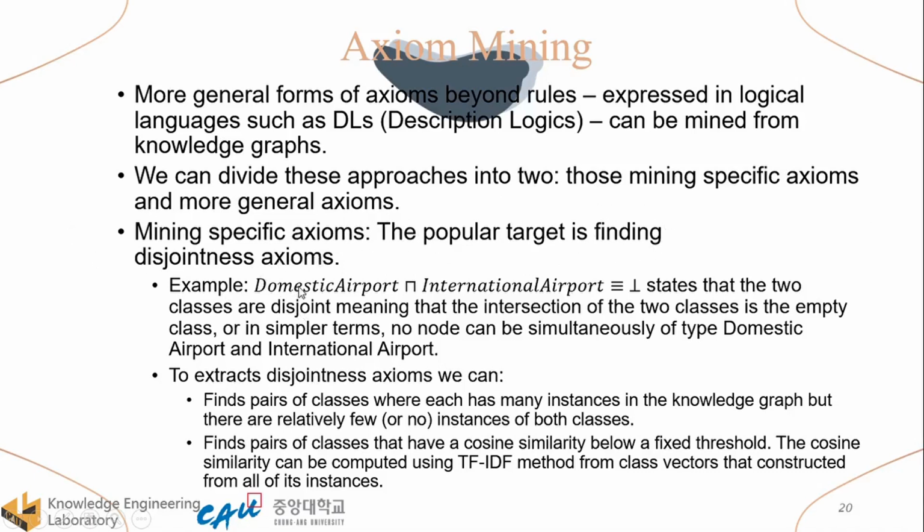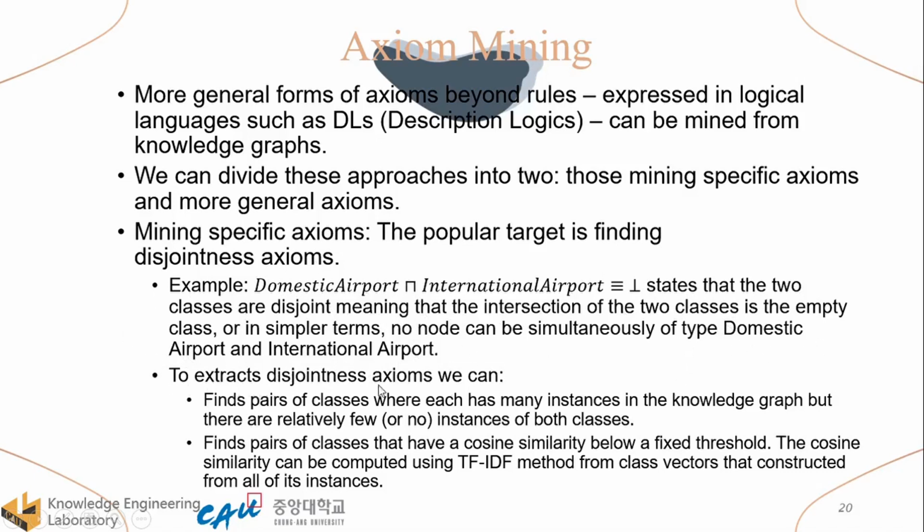For example, this axiom right here states that two classes are disjoint, meaning that the intersection of the two classes is the empty class. Or in this specific example, no node can be simultaneously of the type domestic airport and international airport.